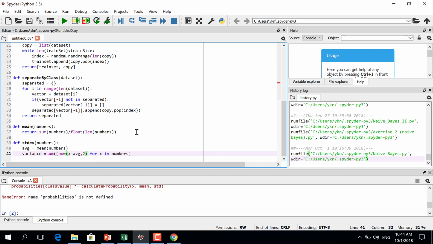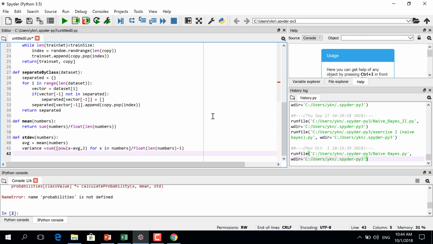Okay, I think we have to use this one instead of the bracket. We have to put x in numbers, again divided by float length of the numbers -1.